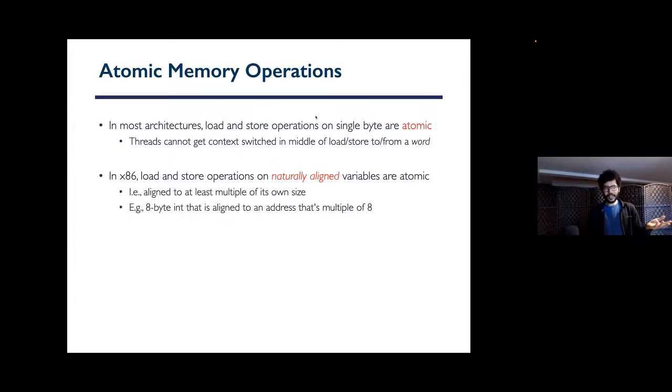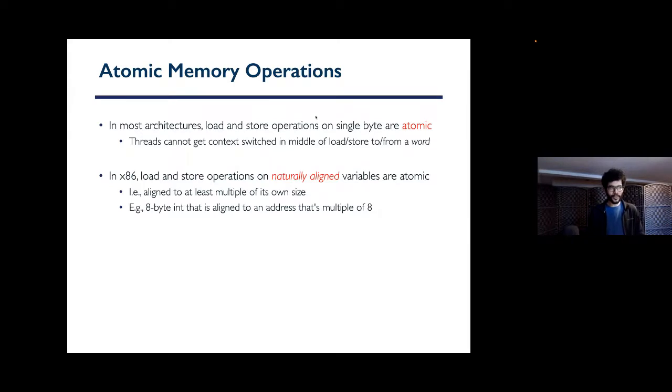In x86, usually naturally aligned variables are atomic. What do I mean by naturally aligned? Naturally aligned means that the address of the variable is a multiple of the variable size.